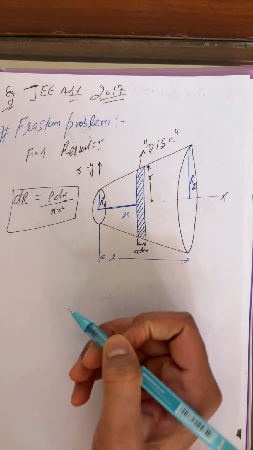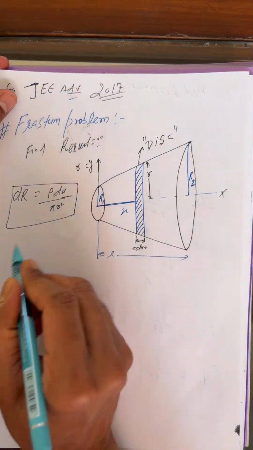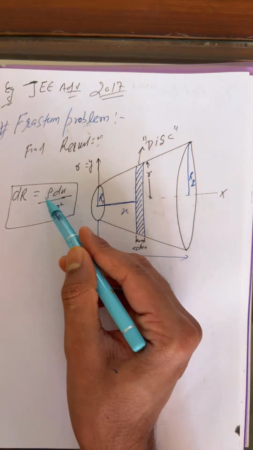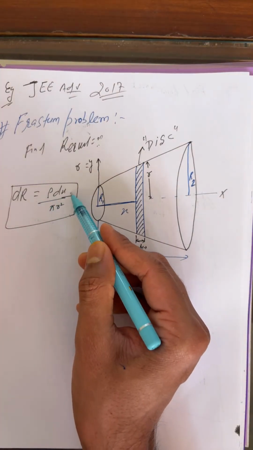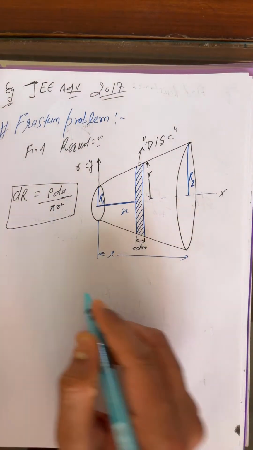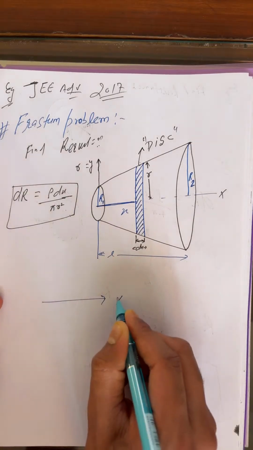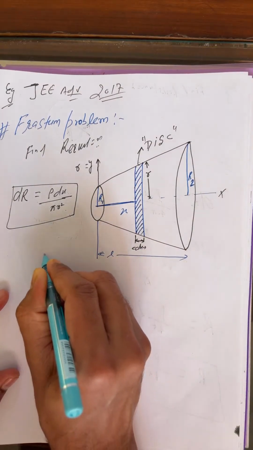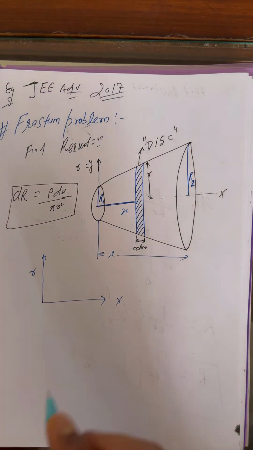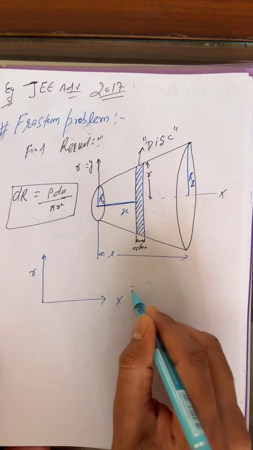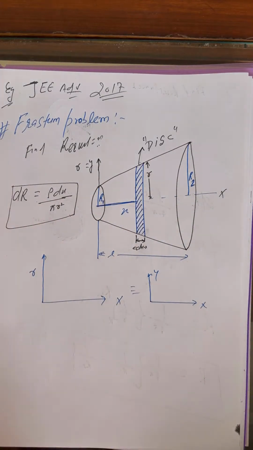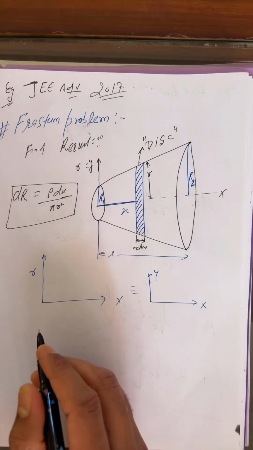R1 and R2. Now you can see we have two relations, x and r, so we have to replace any one of them. Think of it like x and y, where y is equal to mx plus c.